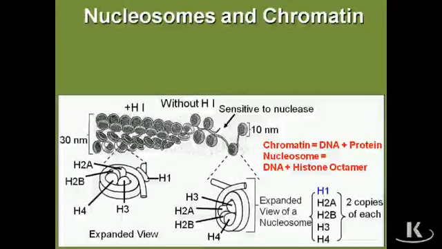Having said that, a simple point that the board exam wants you to remember is the amino acids that are abundant in histone proteins. Which amino acids are the positively charged amino acids? There are 3 amino acids that at physiologic pH carry a positive charge: histidine, arginine, and lysine.